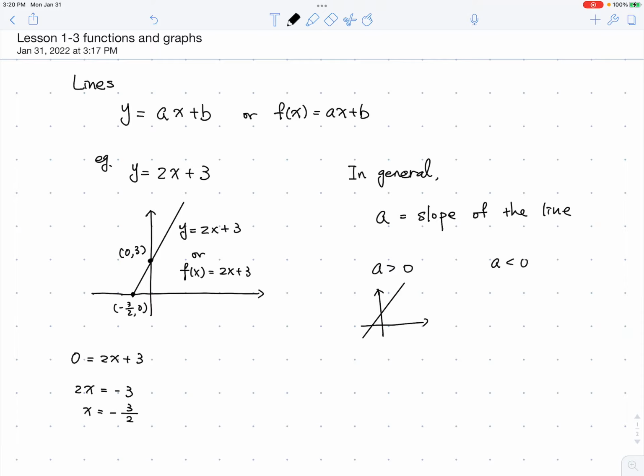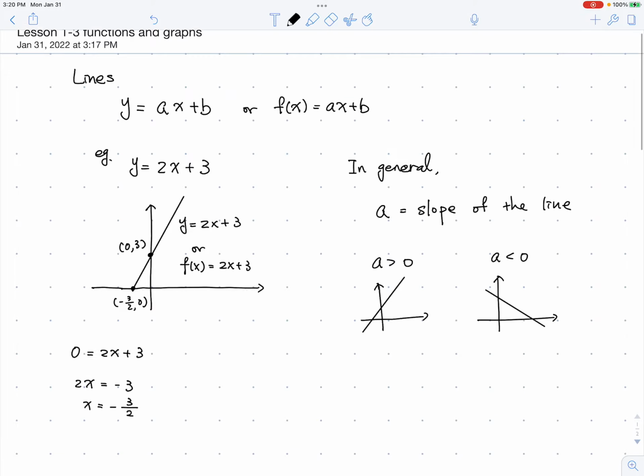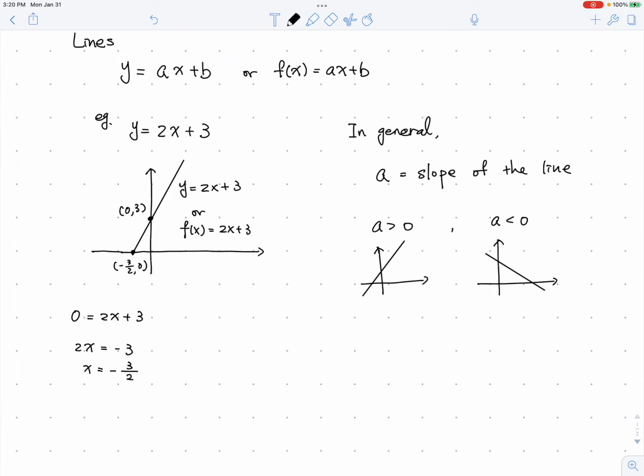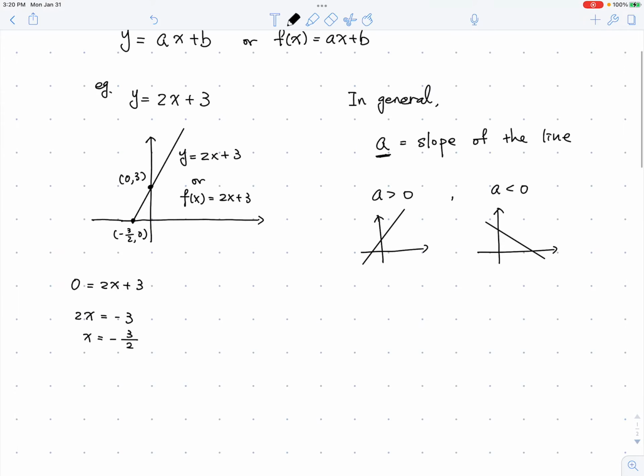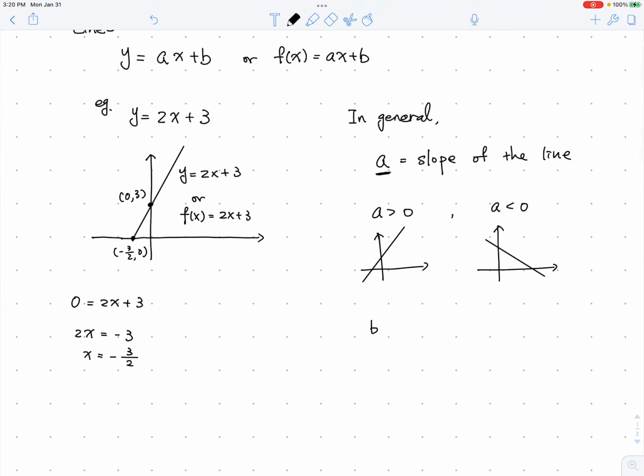When the slope is negative, the line goes down like that. All right, so this is something you can tell from the coefficient of x. And the b gives you the y-intercept.